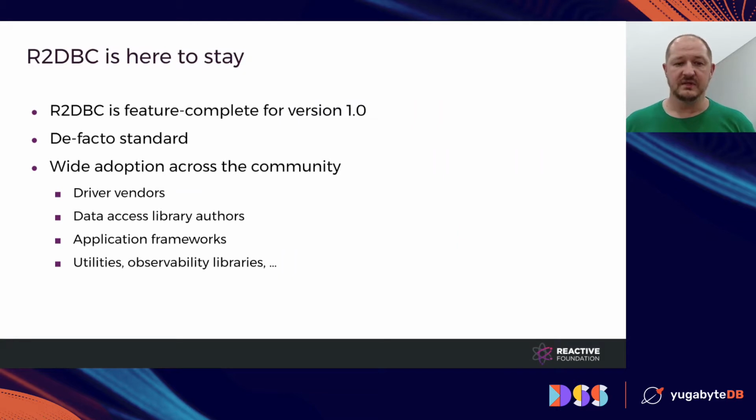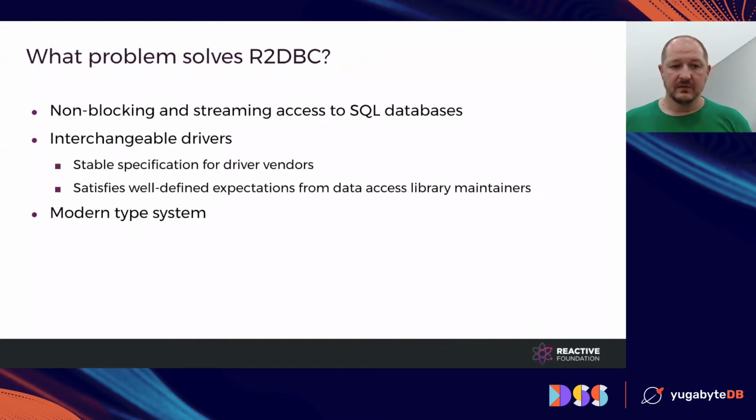And we see a pretty wide adoption across the community, across driver vendors, application frameworks, and the like. Now, R2DBC solves one problem, which is the non-blocking access towards SQL databases by providing a stable SPI for interchangeable drivers on top of a modern type system.